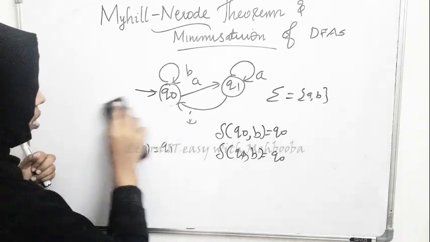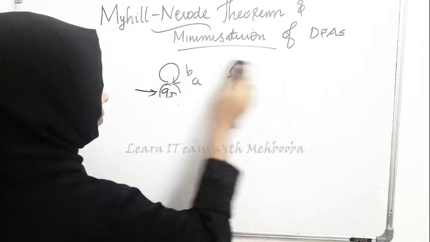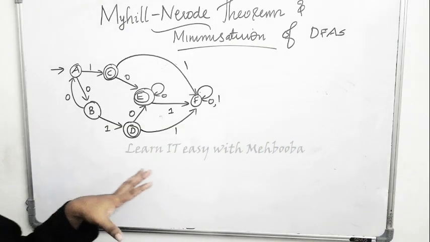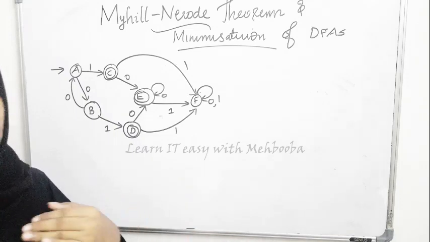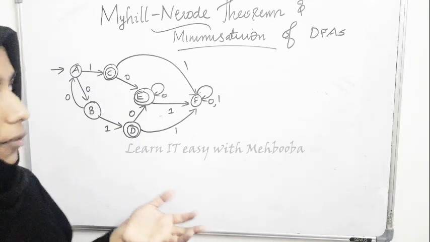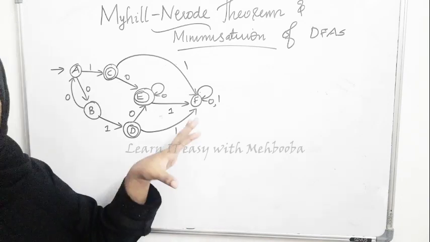So here goes our first example. Here is our DFA and we want to check whether this DFA can be minimized or not. If it can be minimized, we will come out with the minimal DFA for this.